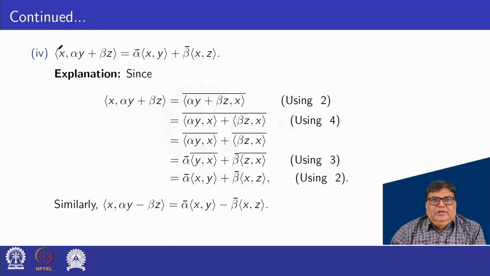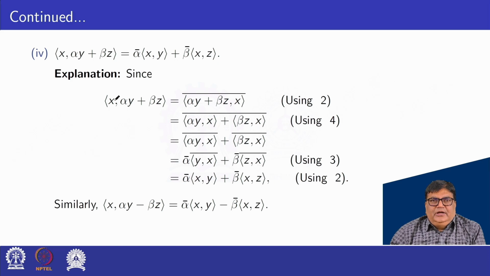Fourth, inner product of x, alpha y plus beta z, equal to alpha bar into inner product of xy plus beta bar into inner product of xz. Explanation.